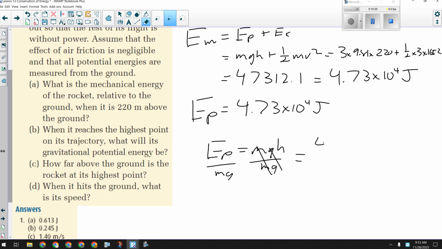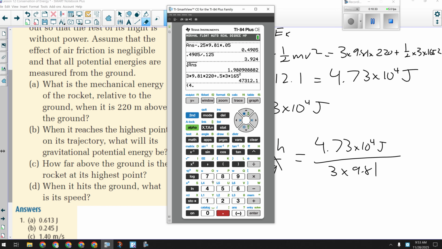So I'll have 4.73 times 10 to the 4 joules divided by 3 kilograms times 9.81. All right, so 4.73 E4, divided by, in brackets, 3 times 9.81. So it should have 1.61 times 10 to the 3 joules worth, or sorry, meters.